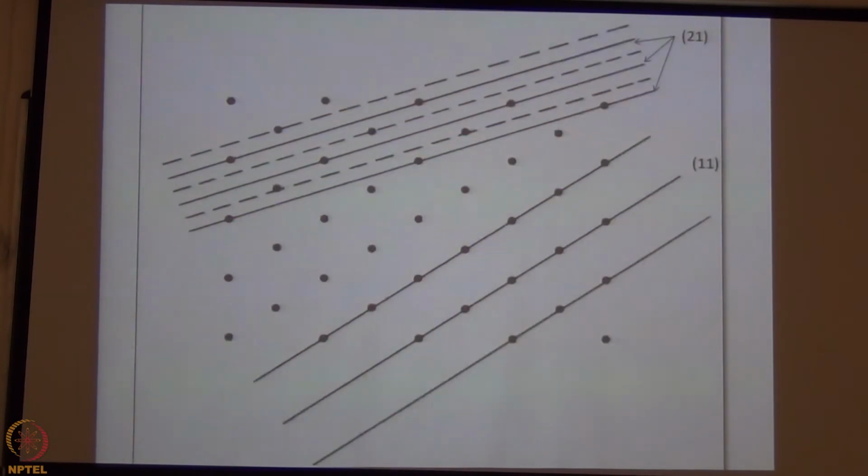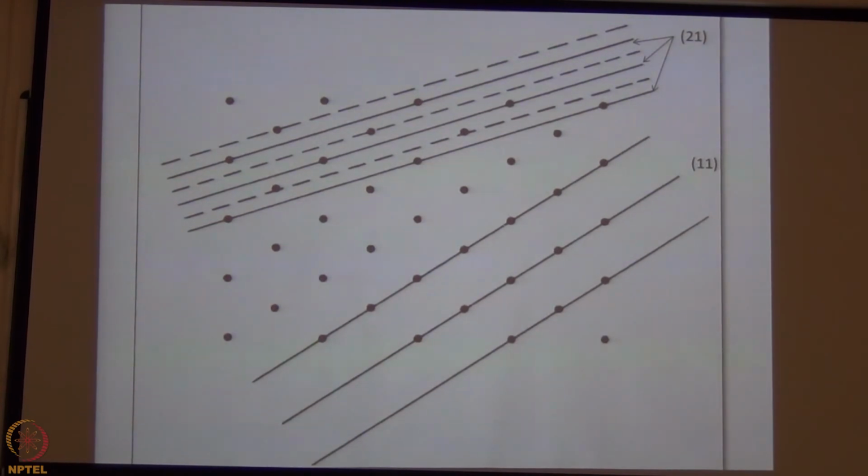If I now change it to a centered lattice, if you just look at this point, 1, 2, 3, 4, you have a center point. 1, 2, 3, 4, you have a center point. So now I am drawing the 1, 1 set of planes. Drawing the 1, 1 set here means I am joining the corners. No issue, there is no plane in between, so it will meet Bragg's condition.